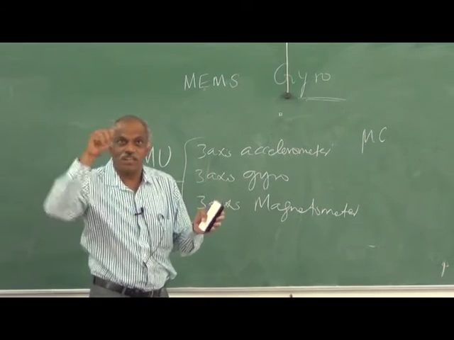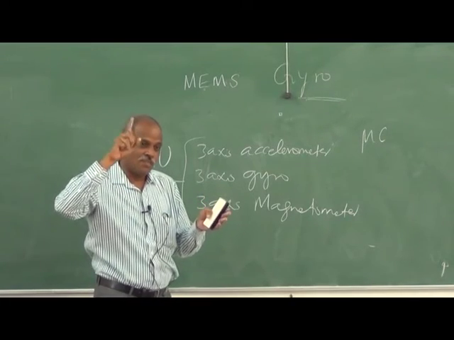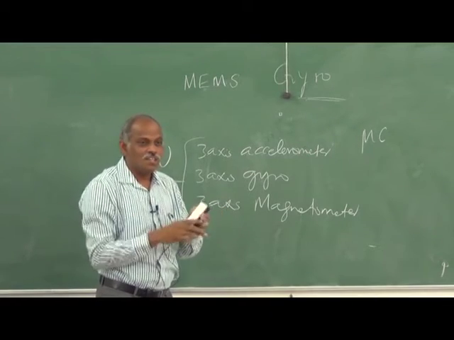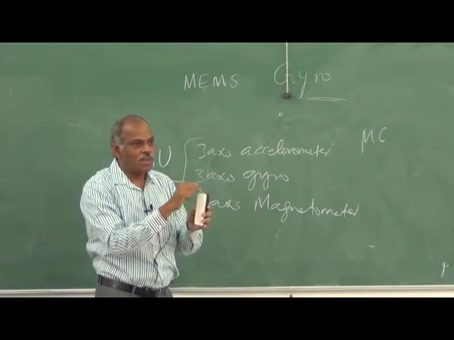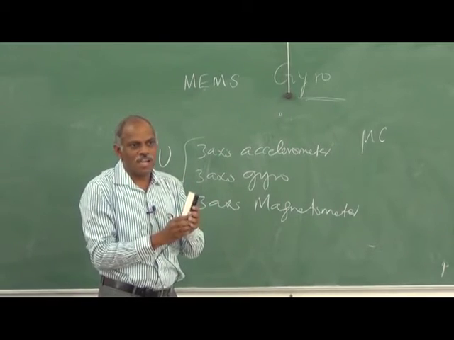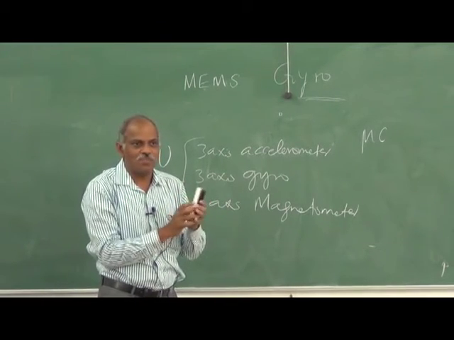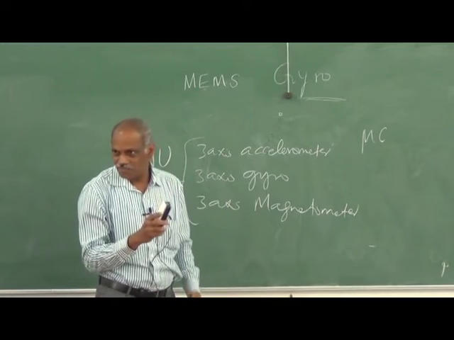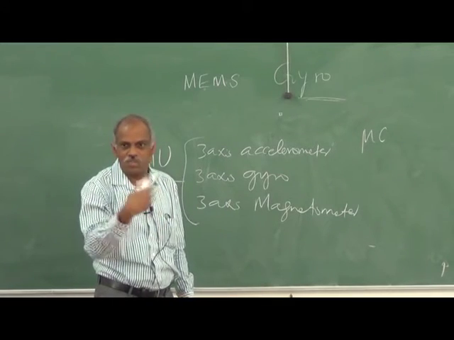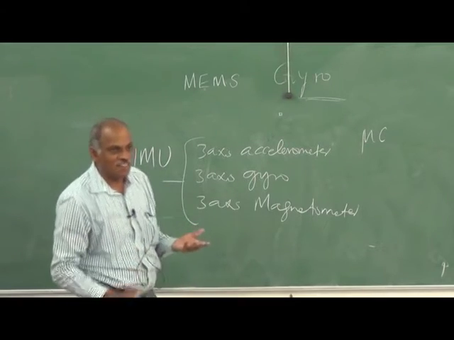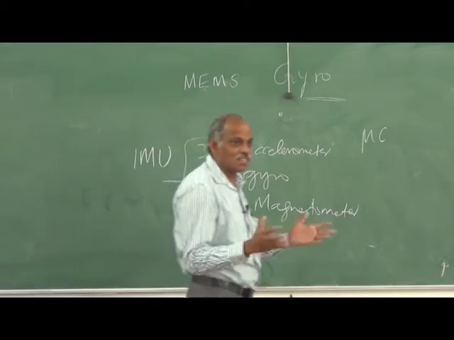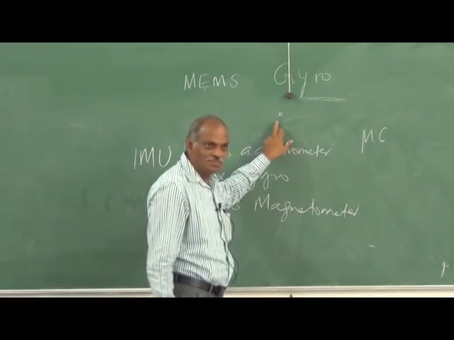It will look for whether the pattern is that way, and if so, it will give a trigger. That's why with some phones, to operate your camera, you don't have to touch anything. You shake it like this. I think Motorola has it. You shake it and the camera is on.